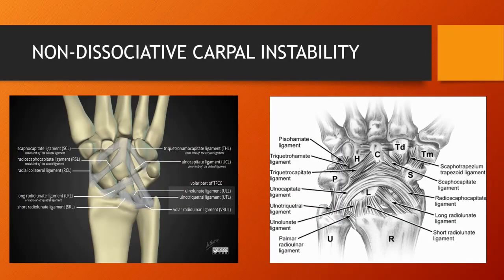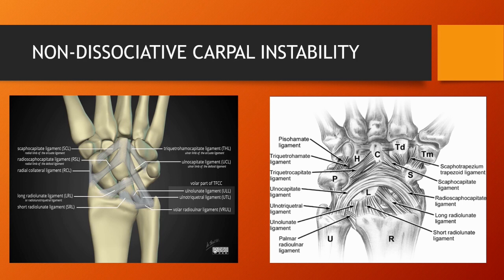Okay, so here we have a couple of diagrams. The one on the left is showing the palmar aspect of the left hand, and the one on the right is showing the palmar aspect of the right hand. So left and right. And they basically show the same ligaments and the same anatomic structures, but one is in slightly more anatomic detail than the other.